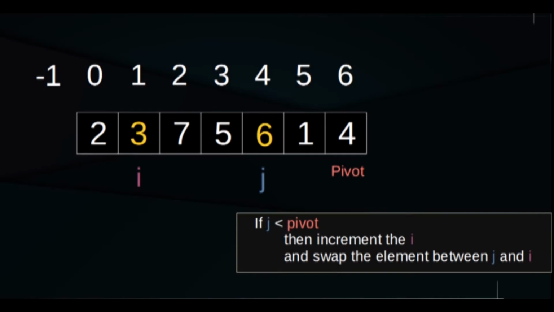Hence, we would increment the I pointer and swap the values between the I pointer and the j pointer. In the fifth position, the condition is also true. Therefore, we would increment the I pointer and swap the values between the I pointer and the j pointer.